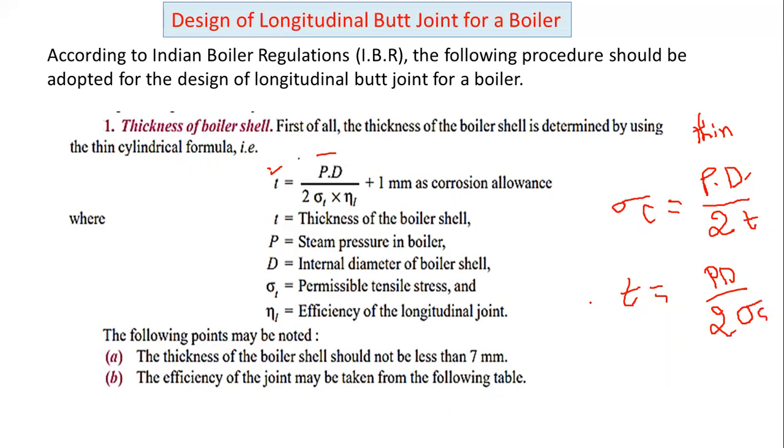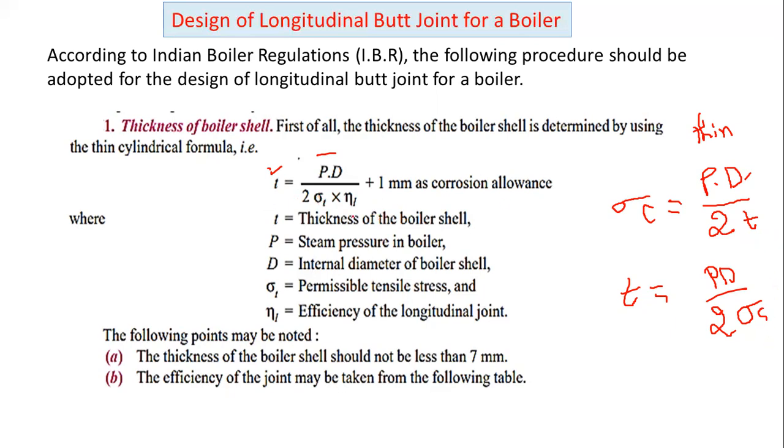Same formula I use for design of boilers. Here t is the thickness of the boiler and P is the maximum inside gas pressure. D is the internal diameter of the boiler. 2 into sigma t, here sigma t is the permissible tensile stress, that value is also equal to circumferential stress.